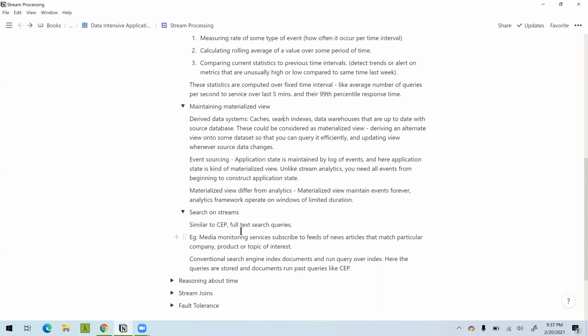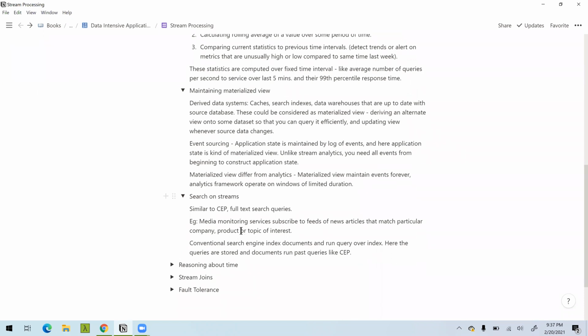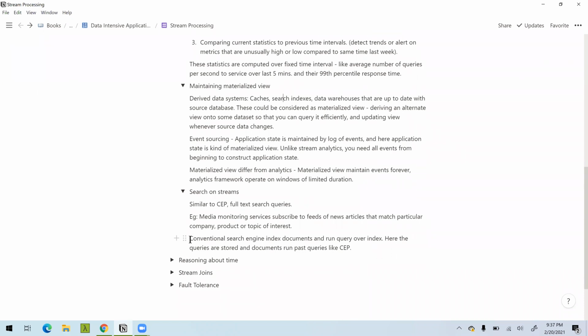So again, this is one more use of stream processing where you are doing a search on a regular source of streams. And it is different from a conventional search index, because in the conventional search index, your documents are indexed and then your search query is run on those documents.